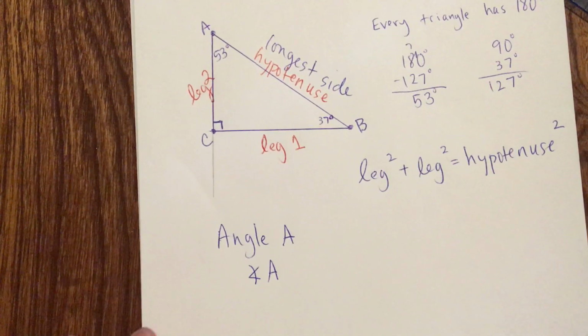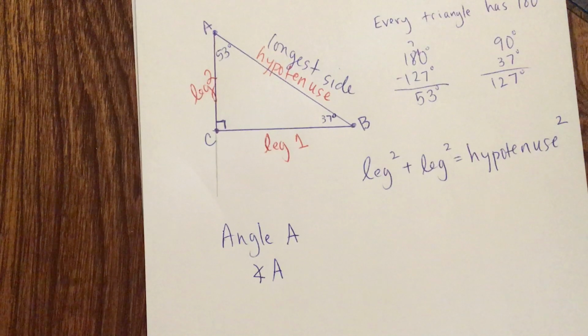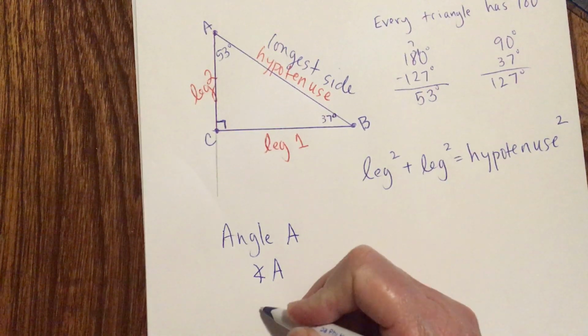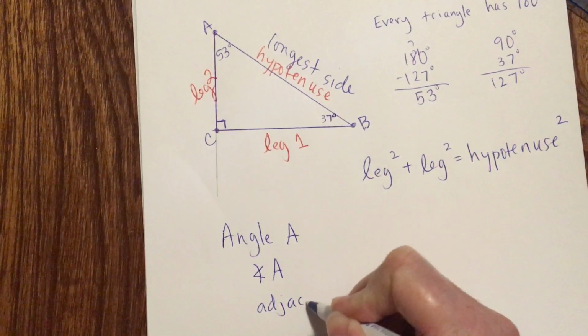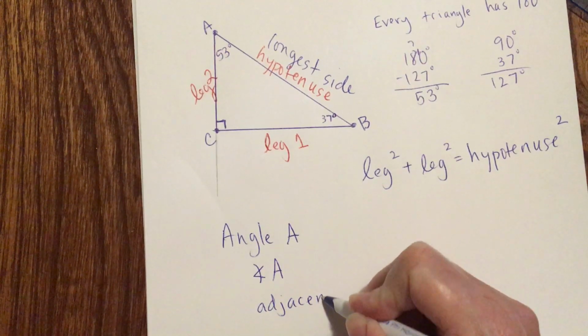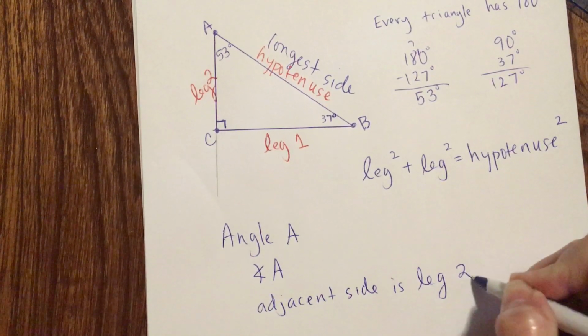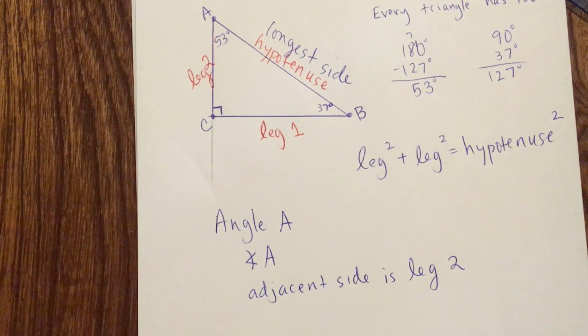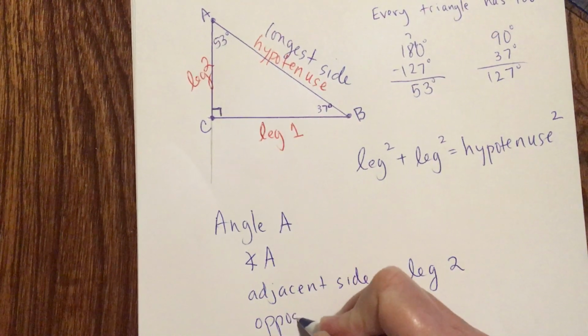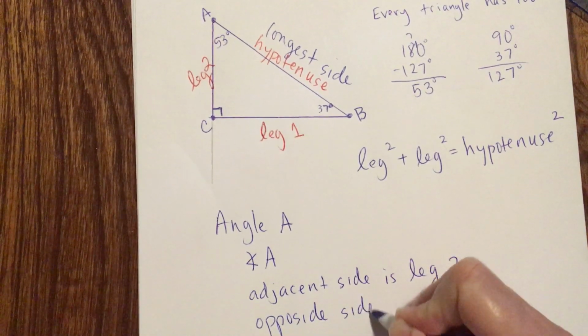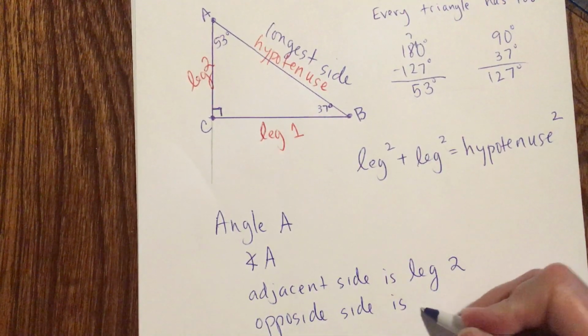But if I'm looking at angle A, the adjacent side is the leg that has one of the sides that make angle A. So I'm going to write adjacent side is leg number 2 to angle A. The opposite side is going to be leg number 1.